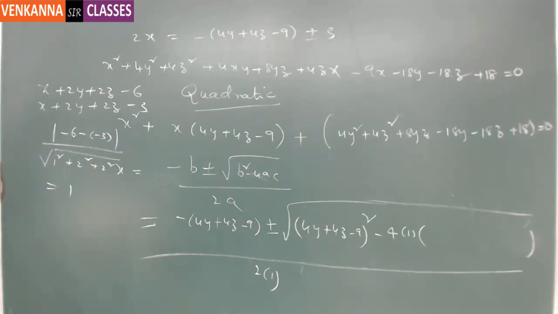That's it. So if the big equation contains fewer terms, and you feel it is somewhat difficult to reduce some part as a square, then in that case this method will be very useful for us.